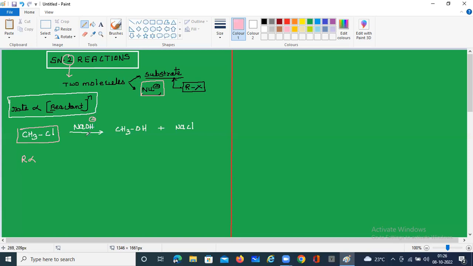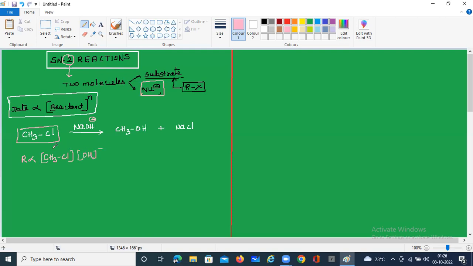Where is the nucleophile? OH minus. So according to this statement, how can we write? The rate R is directly proportional to CH3Cl, methyl chloride, the substrate, and the nucleophile OH minus.